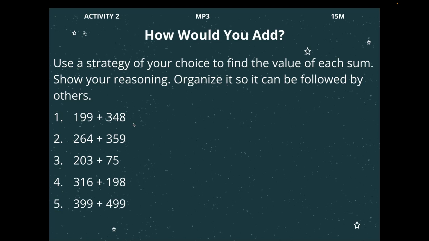But any strategy that you've learned that's not a standard algorithm, I want you to use that strategy. Number line, you could use a number line. That might be a strategy that you use. So you only have to solve 3 of these. Put your answers on a sheet of paper, and we will look at these tomorrow together.